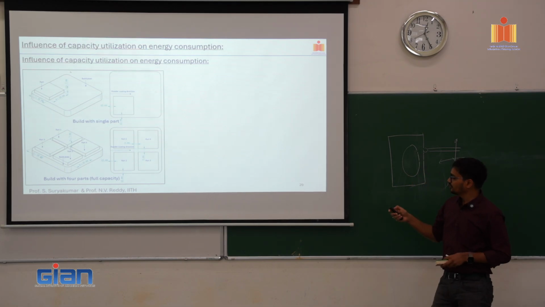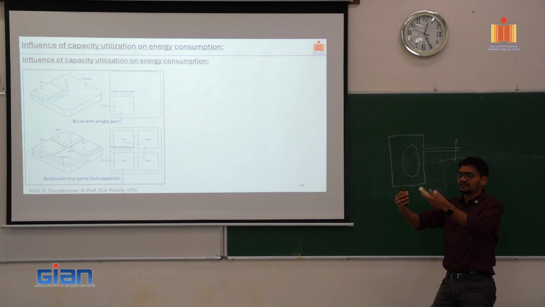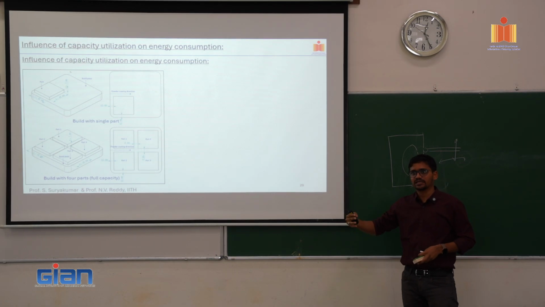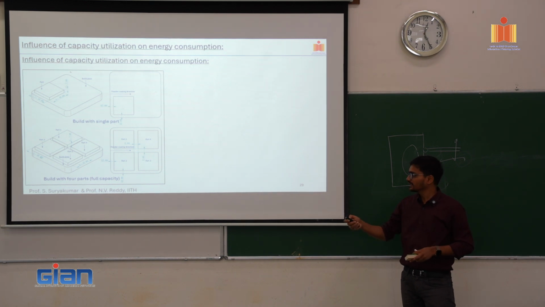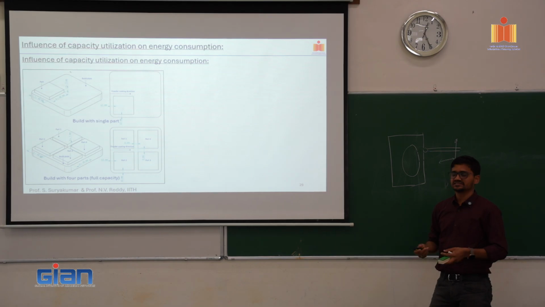So if you want to maximize the capacity utilization, you try to fill as much area as you can. Rather than making only one part, you wait until you have multiple parts to make, and only then you turn the machine on and run the system.